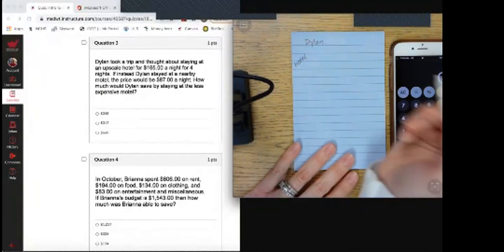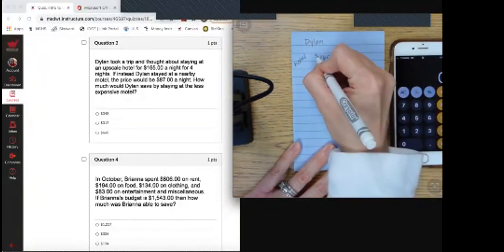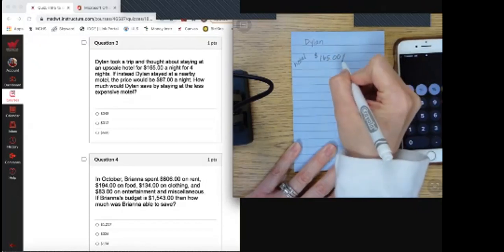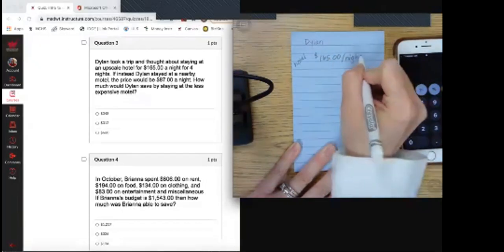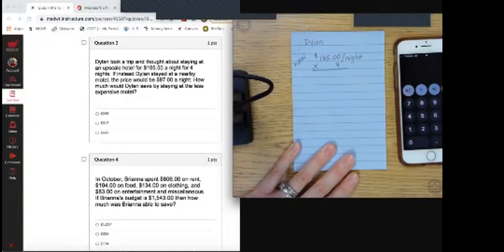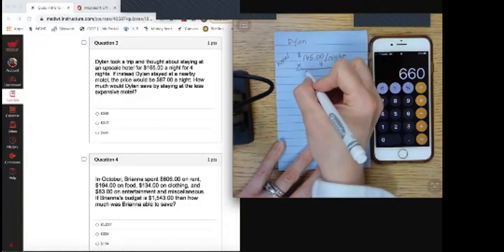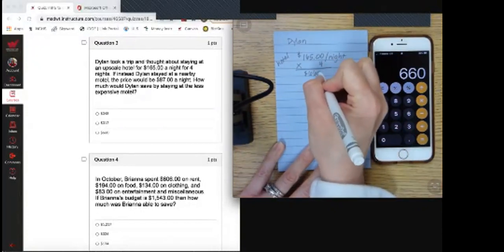So the hotel, $165 a night. For how many nights? Per night. For 4 nights. So we have to multiply 165 times 4. If he stayed at the hotel for 4 nights, it would cost him $660.